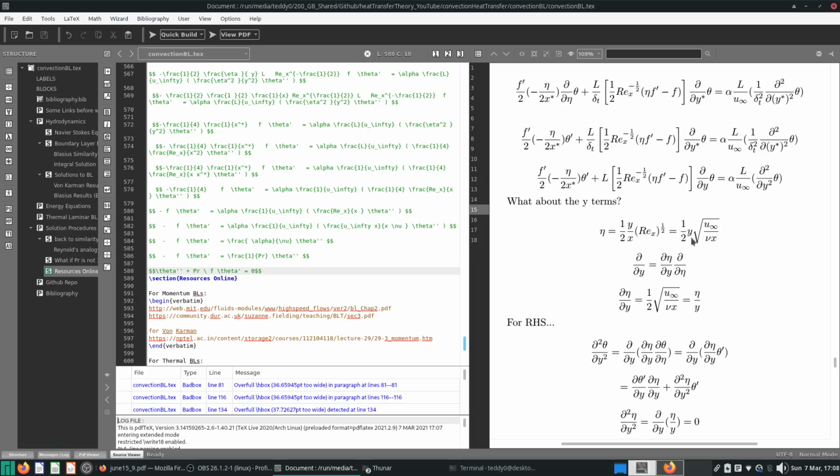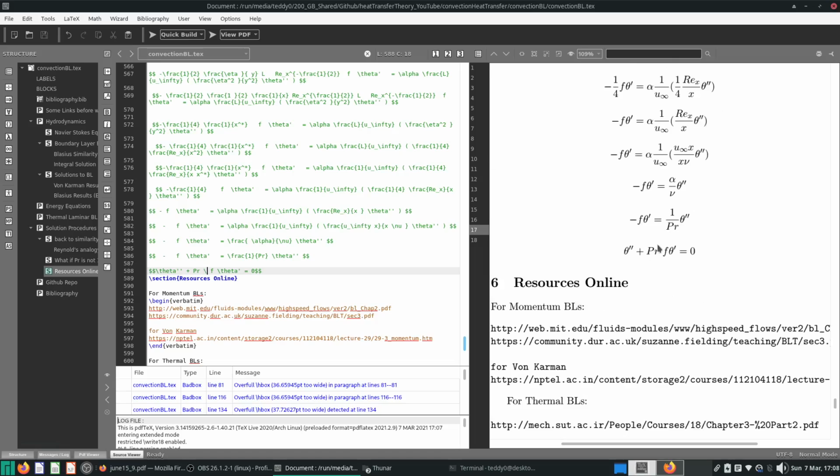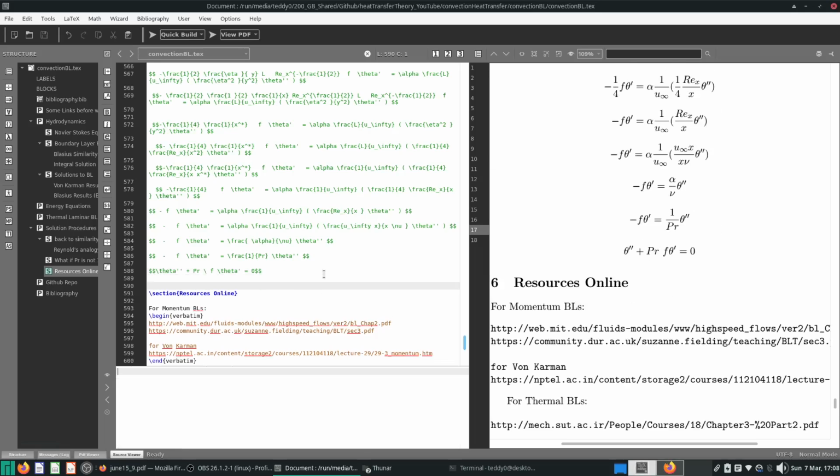But other people define eta by taking the factor of half out, which is totally fine as well. It's kind of immaterial, just that it will result in different looking ODEs and slightly different results. But at the end of the day, everything should be the same.